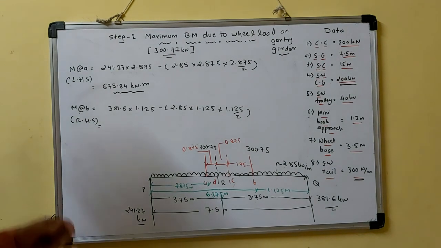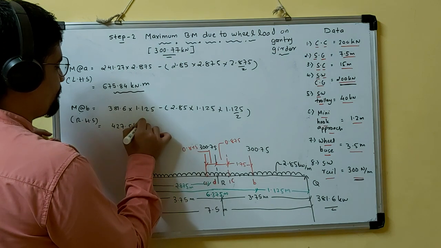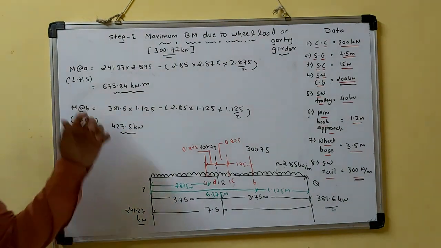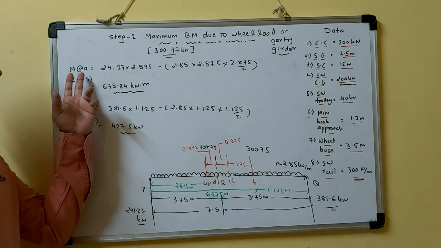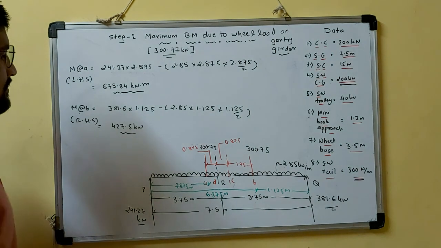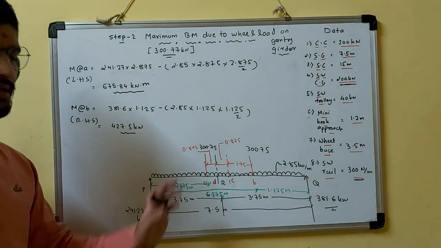The value of moment is 427.5. So we have confirmation that the moment at A will be maximum than the moment at B. It is proved that A will provide maximum bending moment on the gantry girder.